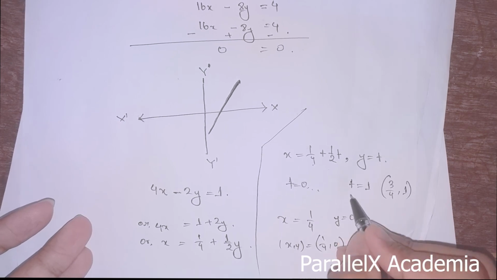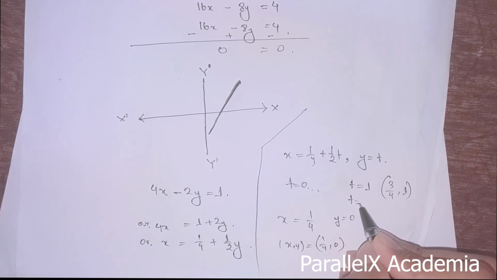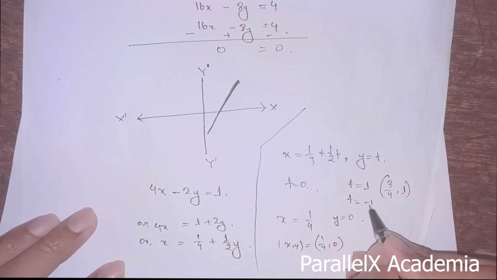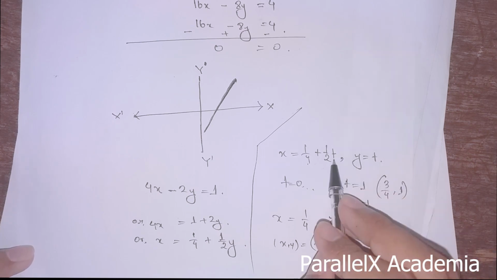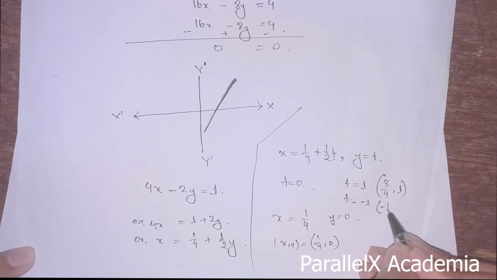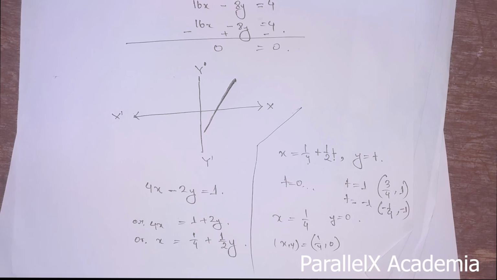And for t equals minus 1, if we insert the value minus 1 here, we will have 1 by 4 minus 1 by 2, comma, minus 1. That's how we determine the solutions of a linear system with infinitely many solutions.